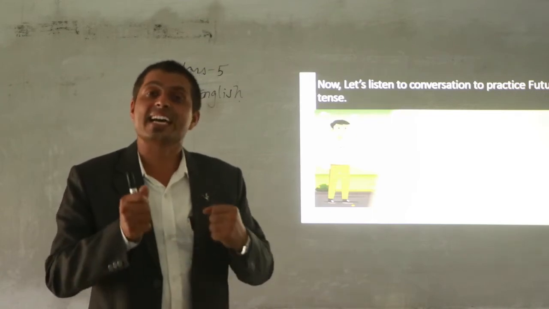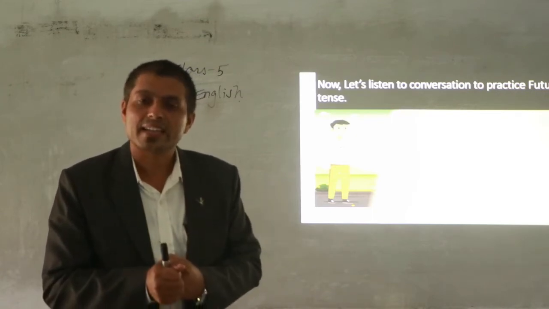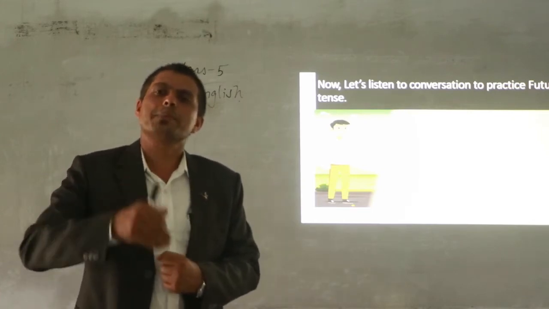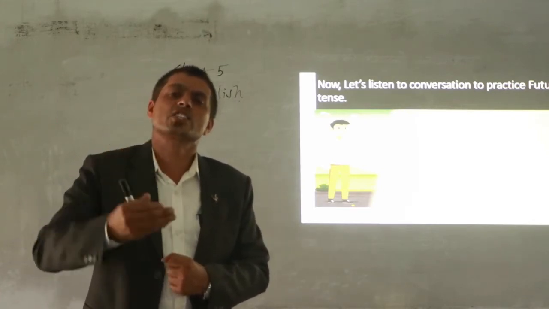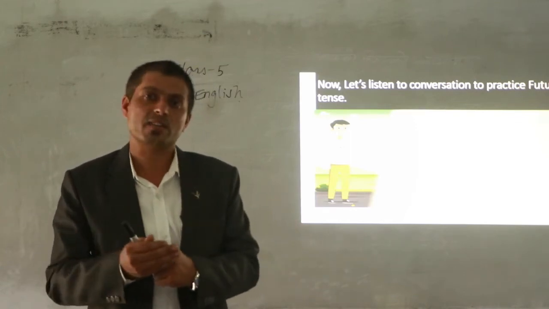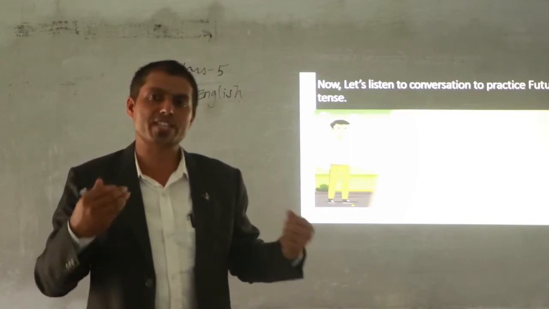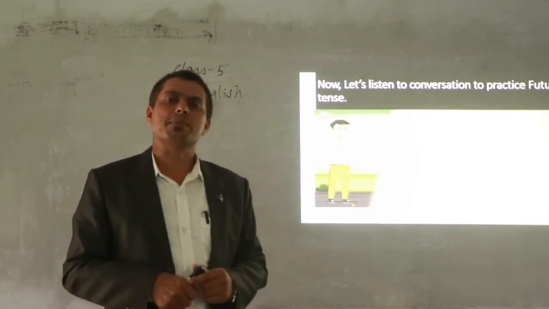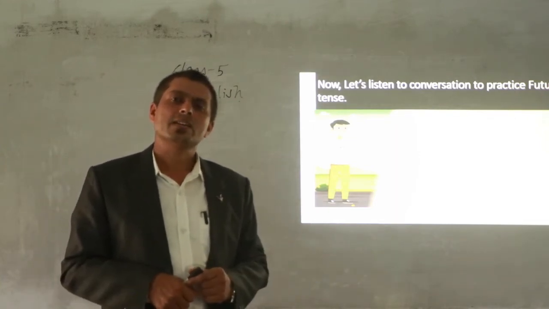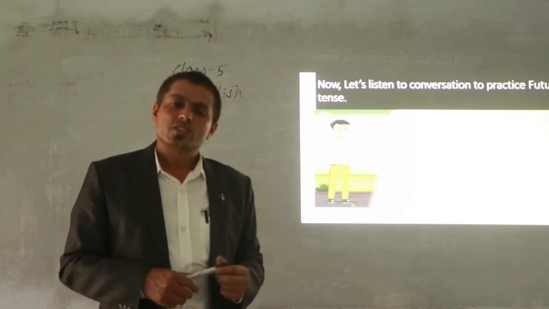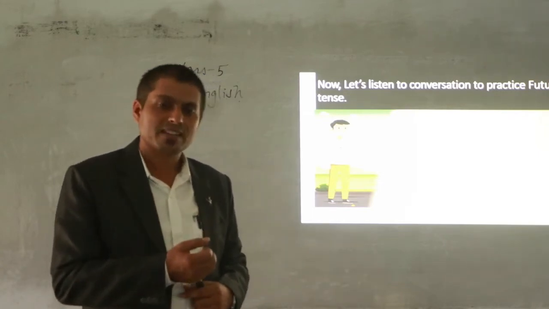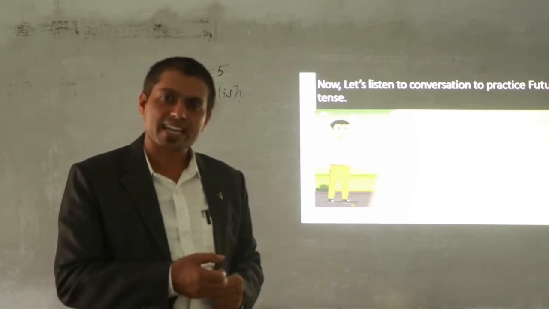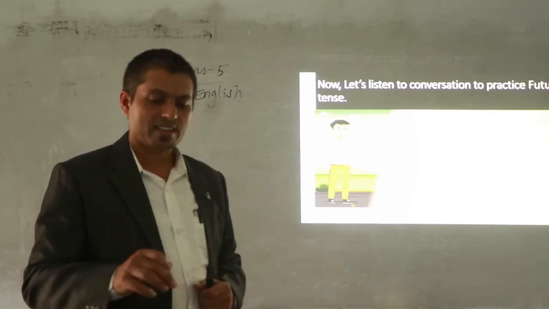At that time, you will be doing such work, or people will be doing such work, or somebody will be doing such work. So make many sentences yourself. These are some examples, and on the basis of them we can work out the conversation.